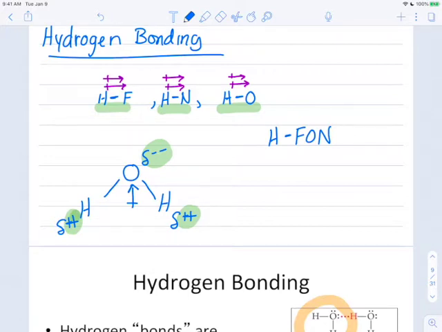Good question, Clinton. So these all must be polar molecules. So yes, it must be polar molecules. However, when you have this combination, I can't think of anything that would not be a polar molecule.